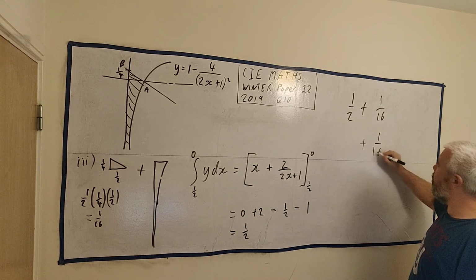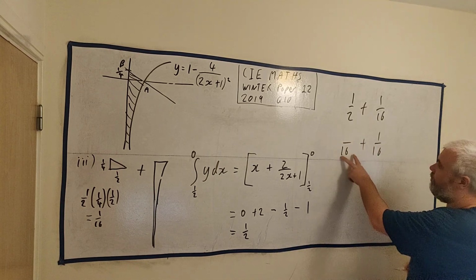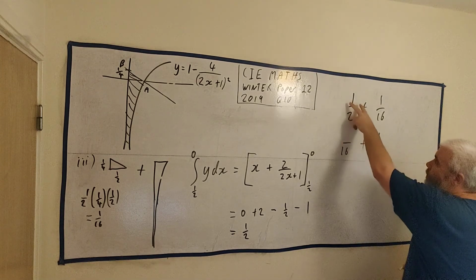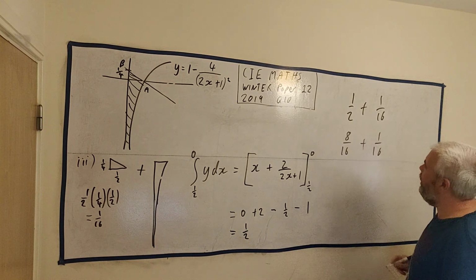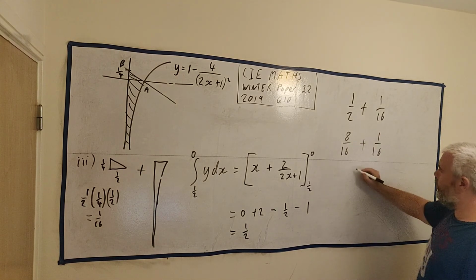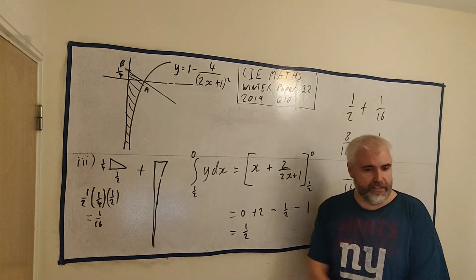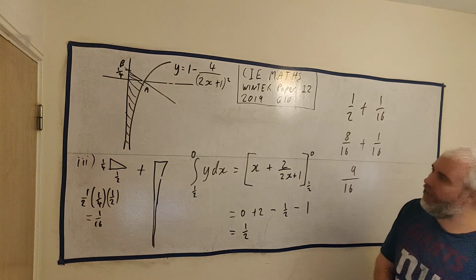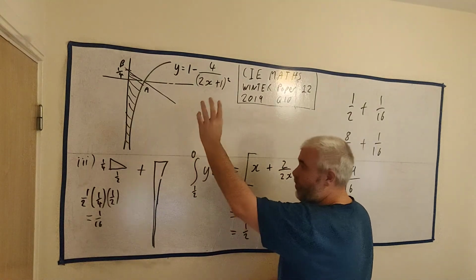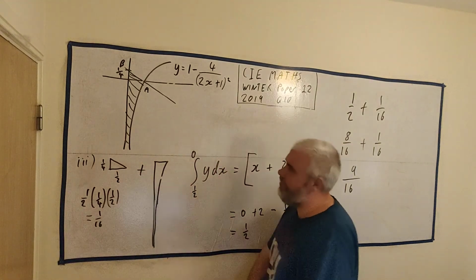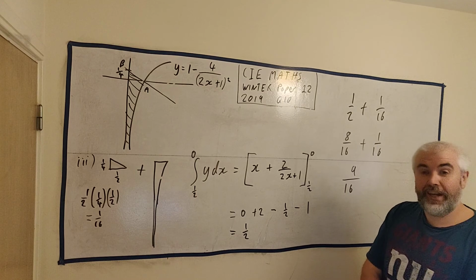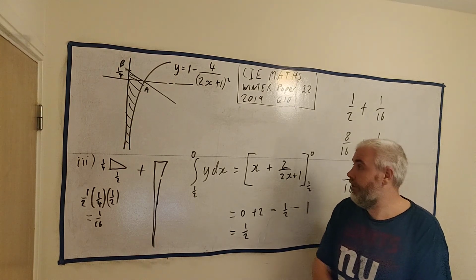So I just changed this guy to a 16. I must have multiplied by 8 to get there, so I better multiply the top by 8 as well. And that 8 plus 1 is simply 9 then. 9 over 16. 9/16 is the total area of this shape, which is cool because it goes on for an infinite. It's infinitely big, but somehow it has a finite and quite small area.